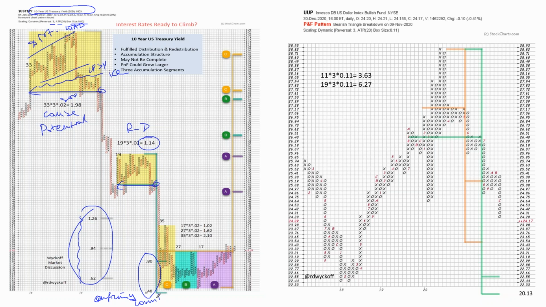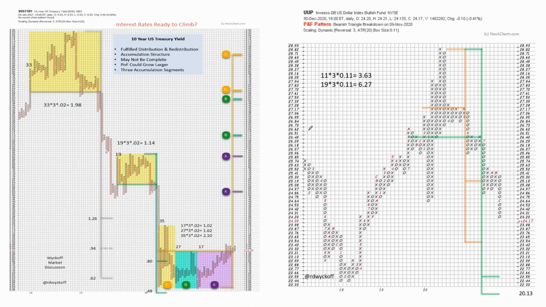This is a great timing tool, because when the redistribution count approximately matches the distribution count, that's about the point at which the trend is ready to resume. It's a bit of a timing tool, which was taught to us by our great mentor, Dr. Hank Pruden.